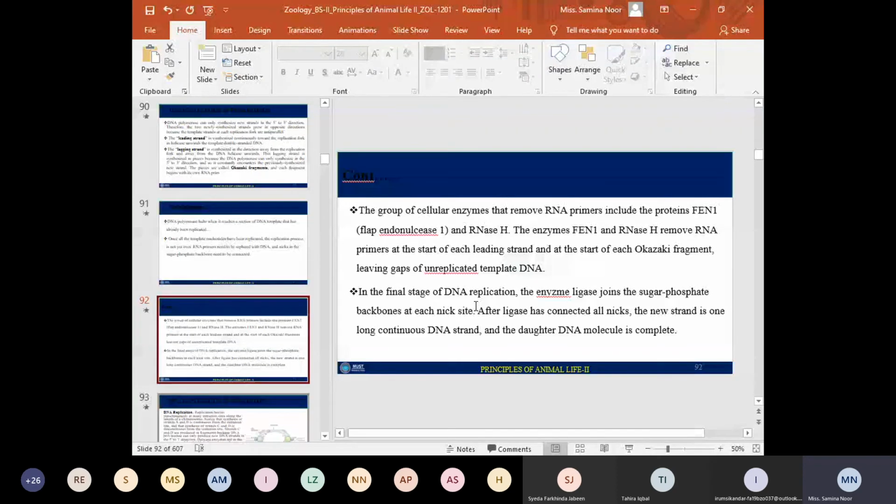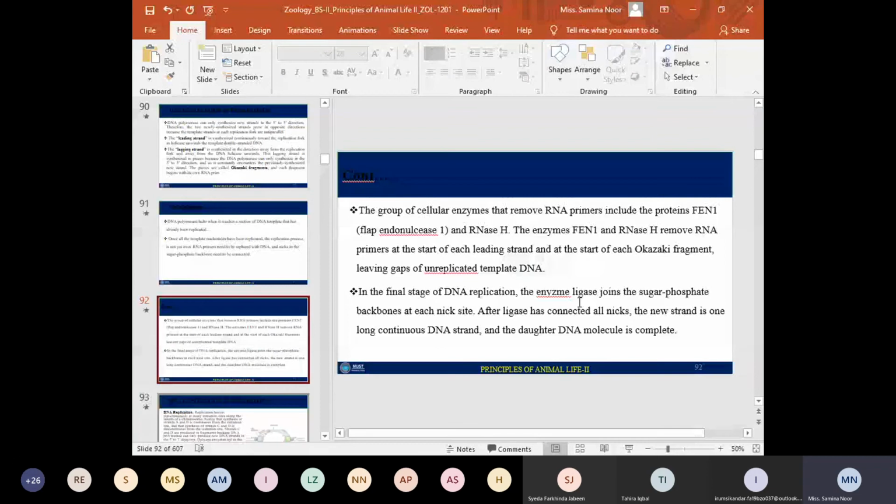In the final stage of DNA replication comes the enzyme ligase. After the removal of the RNA primers, nicks or gaps are formed between the DNA molecules. The enzyme known as ligase joins such gaps or nicks in the sugar phosphate backbones at each nick site.